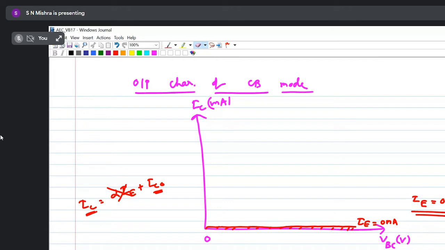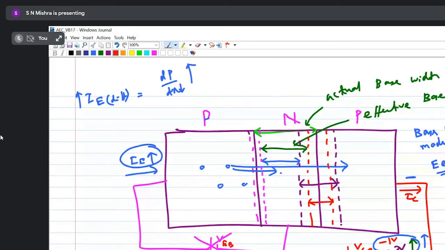Yes, sir. Now I'll increase this IE to 1 milliampere, that means increasing the emitter current by fixing the VEB to a certain voltage. I'll fix this VEB to a certain voltage so that this IE will be 1 milliampere, and I am increasing the VCB. Now when I increase the VCB, initially what happens? The holes will slowly move from here to here.